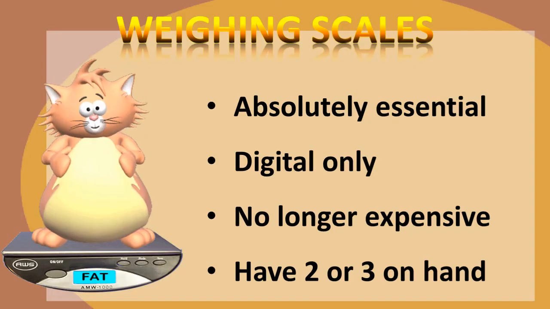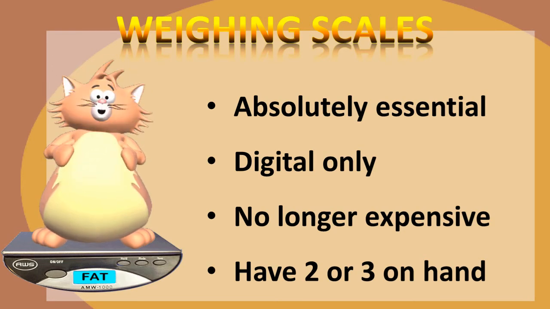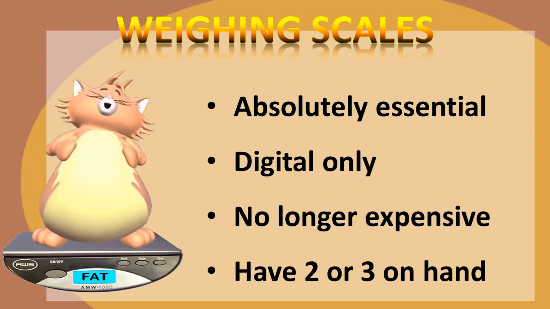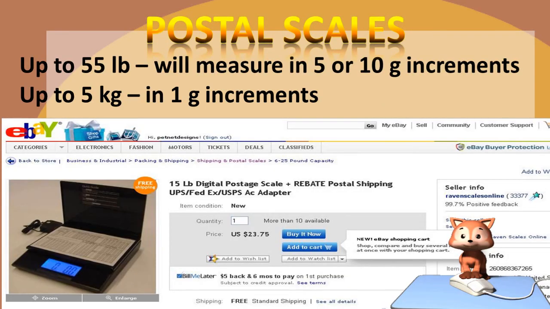Scales are essential tools. There are 3 types available that are very reasonably priced. If you care for many different species, such as tiny songbirds to larger mammals, I suggest having all 3. The first 2 types are postal scales and may come in ranges. You can find ones that weigh up to 25 kilograms and others that only go to 5 kilograms.